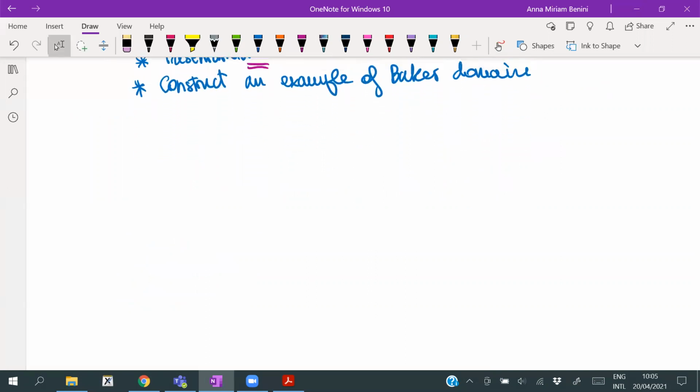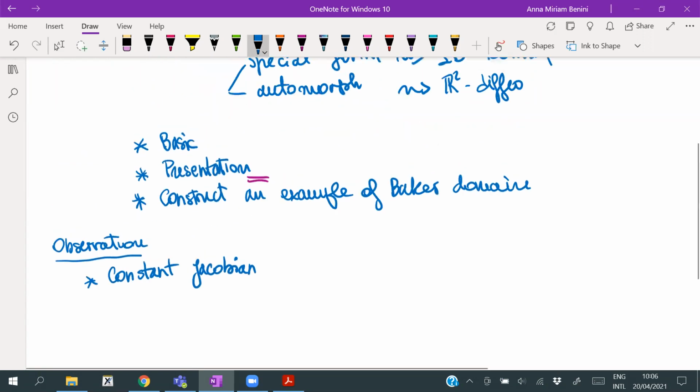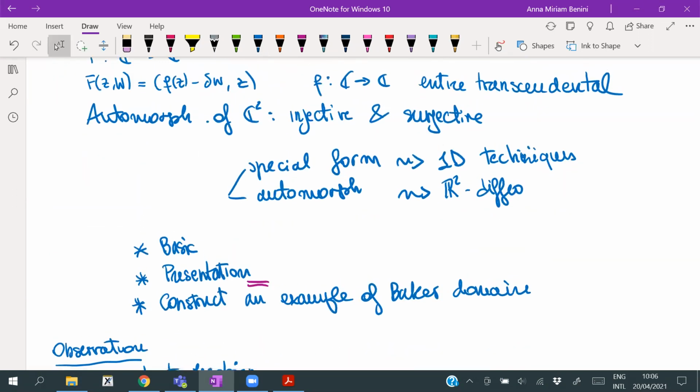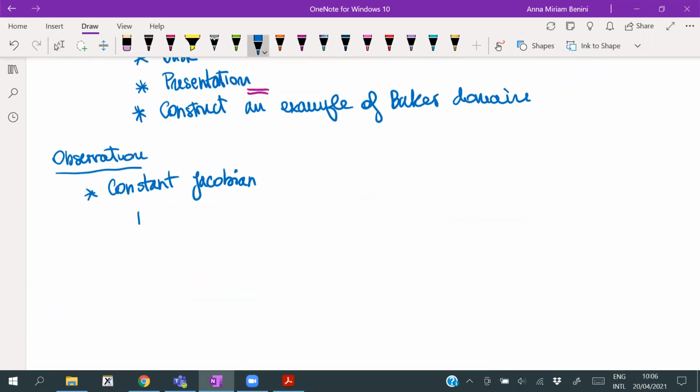So the first observation is that these maps have constant Jacobian. What is the Jacobian? So you have your map, F of (z, w) equals (f(z) minus delta w, z). And its differential is a 2x2 matrix, which clearly depends on the points where you compute it.